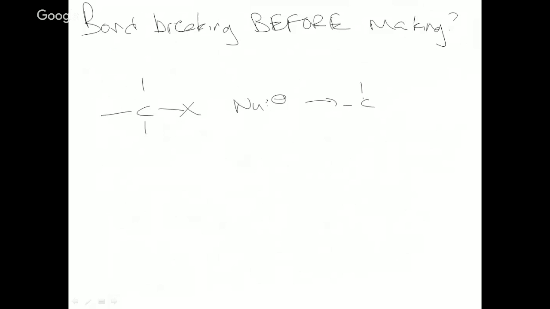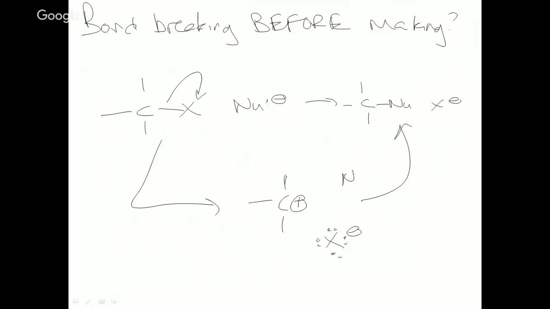We're going to substitute, leaving off some lone pairs on X. This can leave to give a carbocation. Really important intermediate. There's the lone pairs on X. And then what can happen is the nucleophile can come in here and form a nucleophile-carbon bond. Can this happen? We would call this heterolytic cleavage or heterolysis. The C-X bond breaks to give a carbocation, and this would actually be very fast.